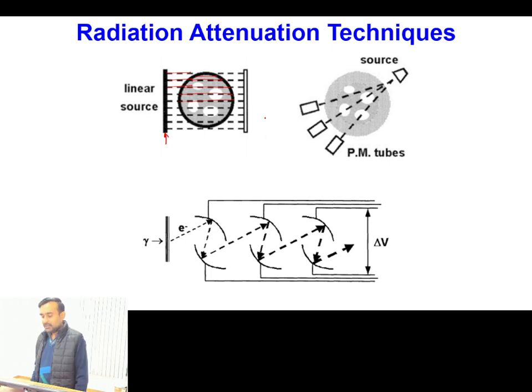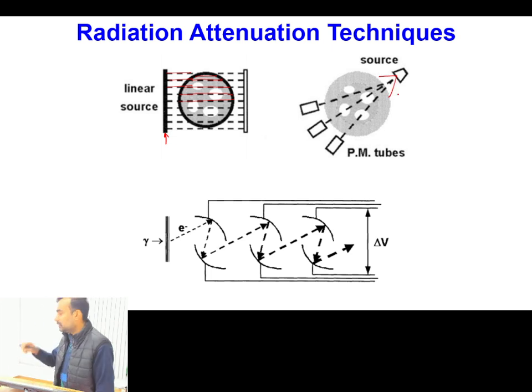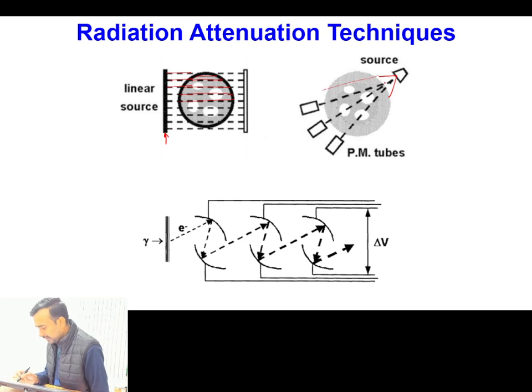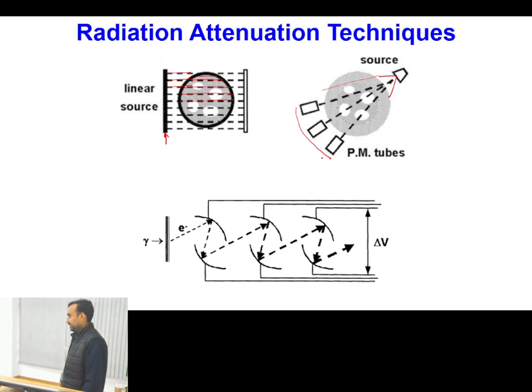Is this one clear? Similarly, there can be another arrangement where the source can send the signal in the range of a certain angle, and then at different angles, whatever rays are starting from the source are detected with the help of different detectors.